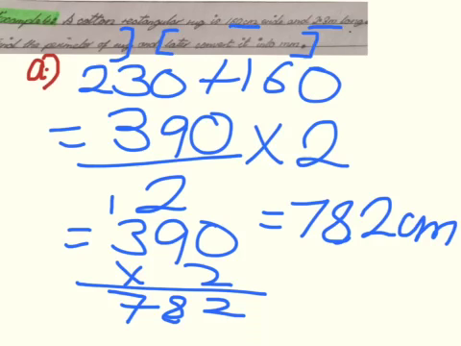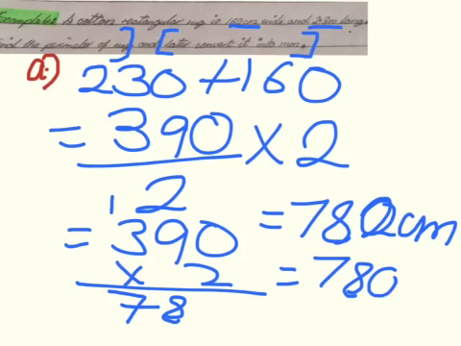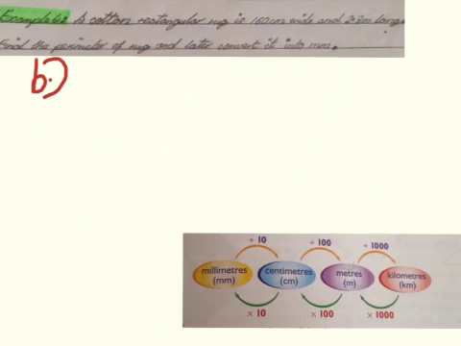The other 2 will be found when we times it by 2. 2 zeros are 0, sorry, we made a mistake. 2 nines are 18, 2 threes are 6 and 7. So the answer is 780 centimeters.